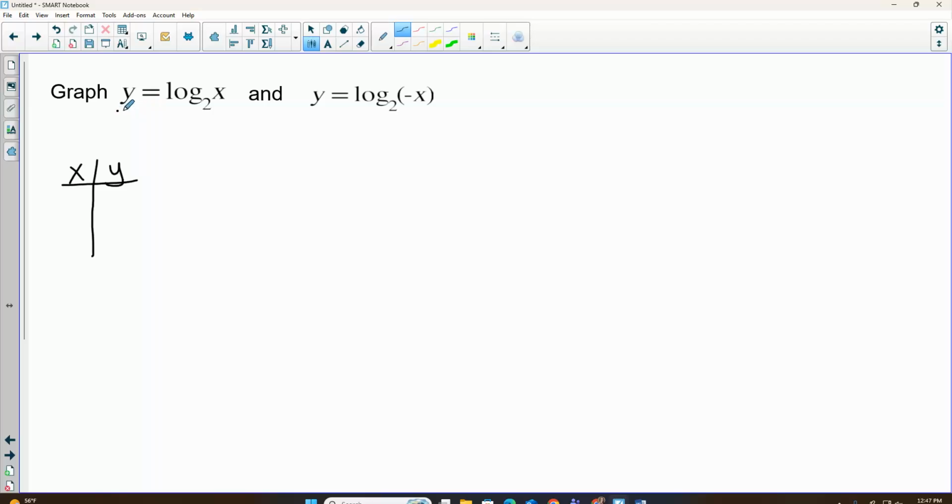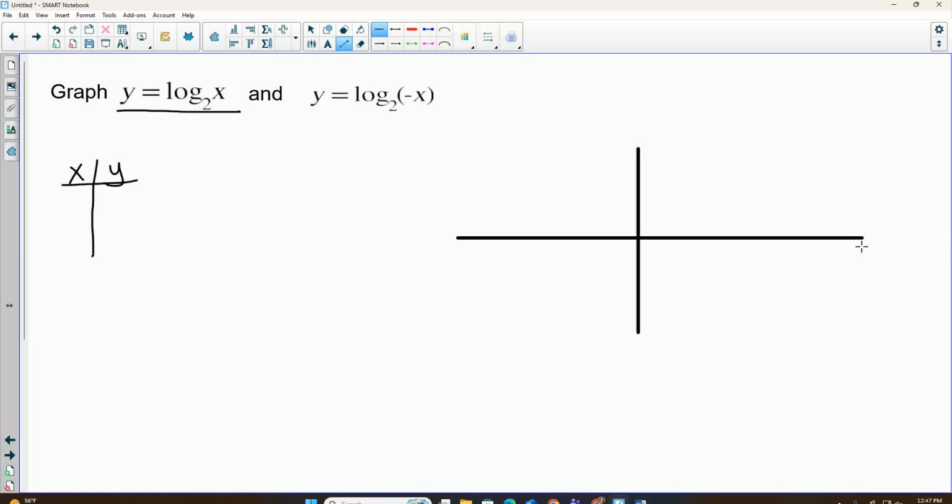If I started with this, what? Yes, I'm going to put in -1, 0, and 1 for the exponent. So first, let's write this in exponential form. So if we start with our base, that's 2 to the y power equals x. You have to know how to go back and forth between the log and the exponential. When you have a log, write it as an exponential.